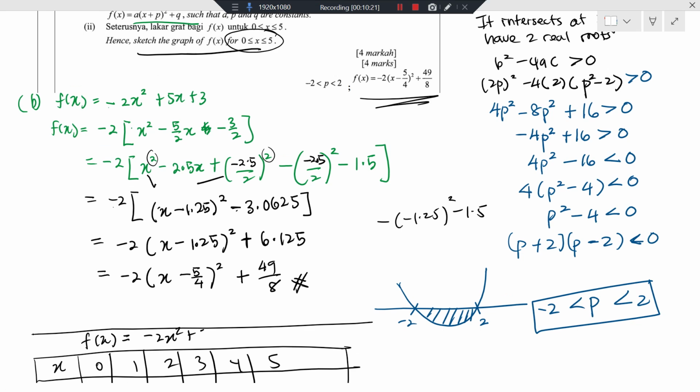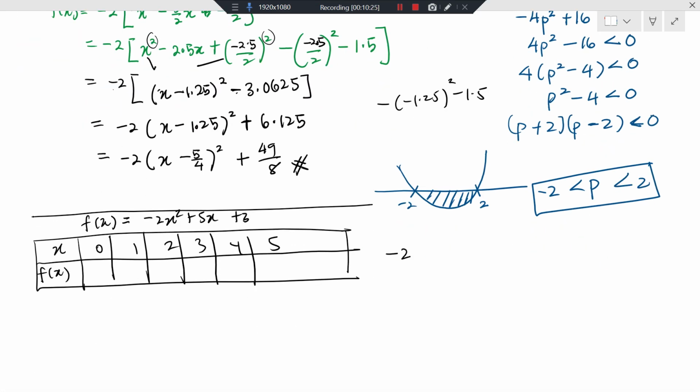In your calculator, set it up readily like this. Don't press again and again every time. You just set up a bracket like this, empty, and then fill up the value and get the f(x) value. So negative 2 bracket squared plus 5 bracket plus 3.